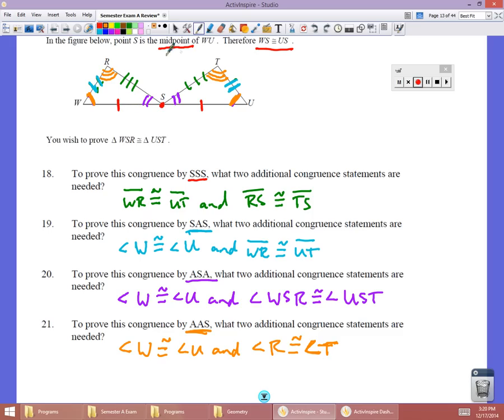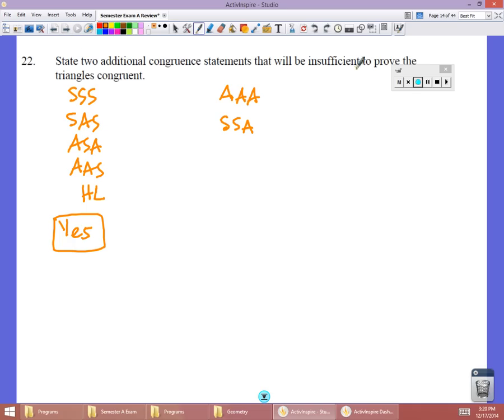Alright, and so if we write those down, the two pieces of information is we could have something along the lines of, looks like RW congruent to TU, and then also angle R congruent to angle T. And if we had that along with our original information, that would give us side, side, angle.